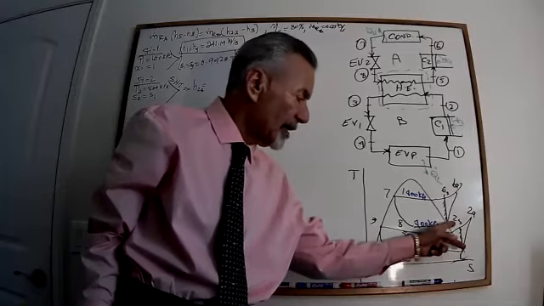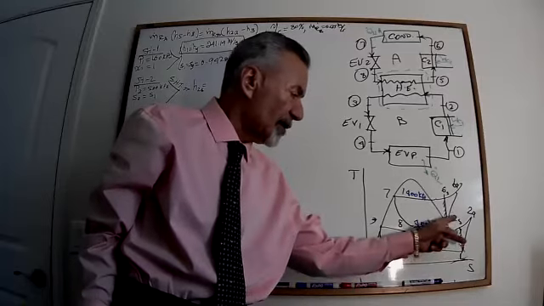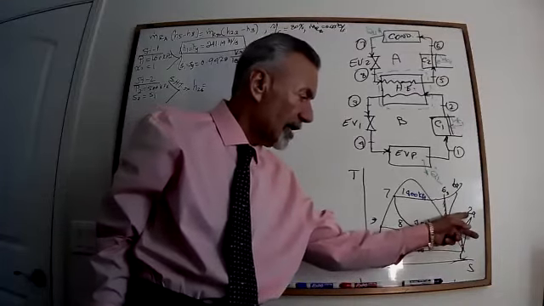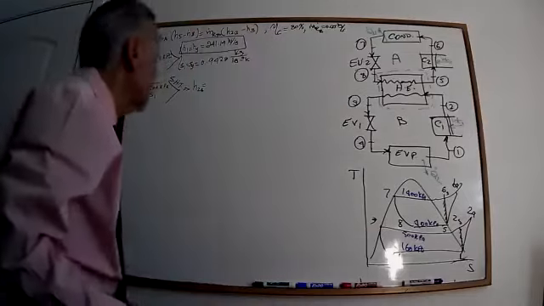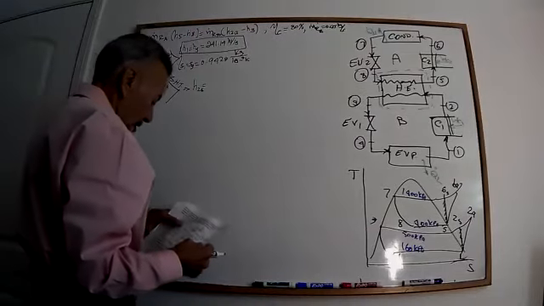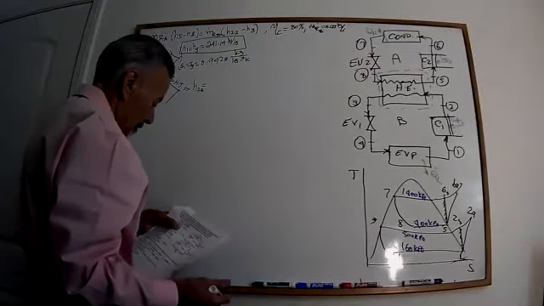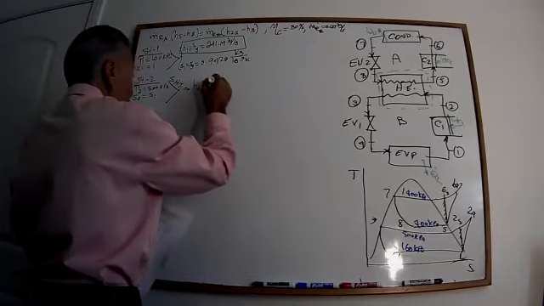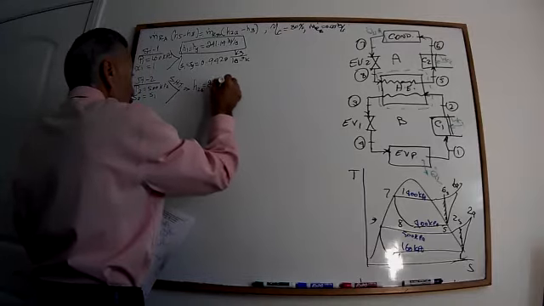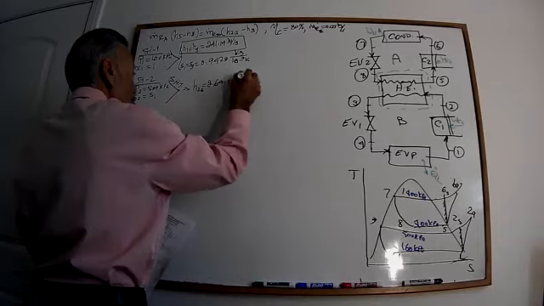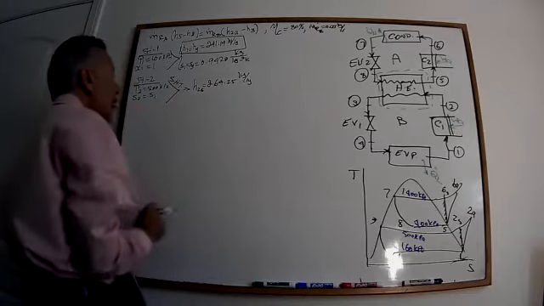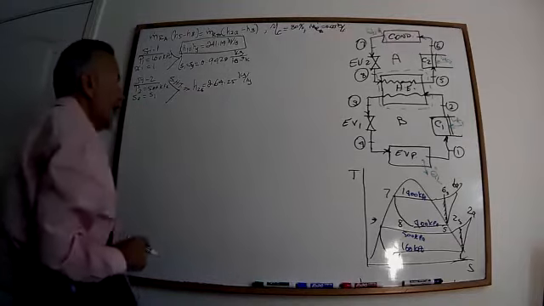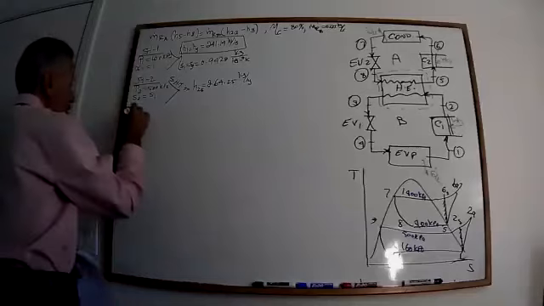I can only find the H2S value. Once I find that, I take the next step to find H2A. So the value of H2S is 264.25 kilojoule per kilogram. But this is not what I want. I want the actual value.